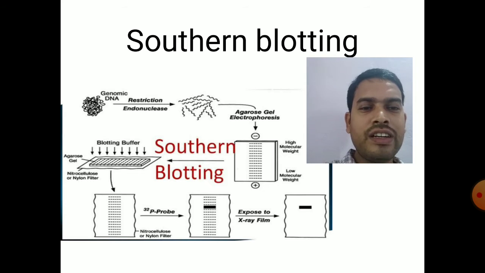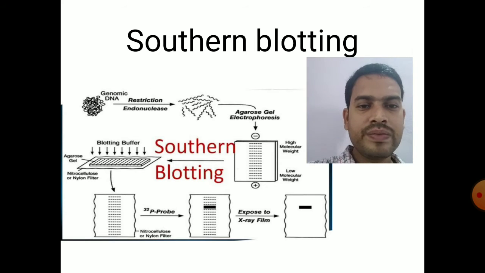In agarose gel electrophoresis, the DNA fragments are sorted based on the charge to mass ratio. The larger fragments move slower in the gel, whereas the smaller fragments move faster in the gel. So these different-sized DNA fragments, obtained after denaturation as well as restriction endonuclease treatment, are subjected to agarose gel electrophoresis and sorted.